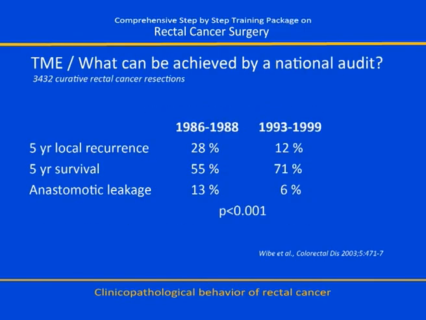Rather similar results were achieved in Norway, as you can see here from Arne Weber's data from the Norwegian Cancer Registry. Again, a dramatic fall in local recurrence and a dramatic increase in 5-year survival.